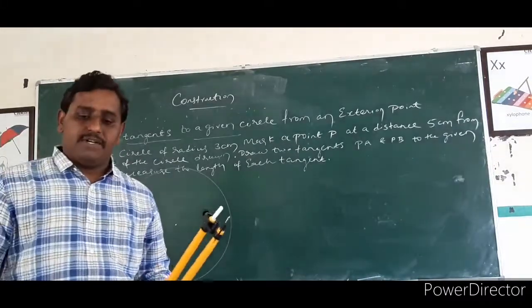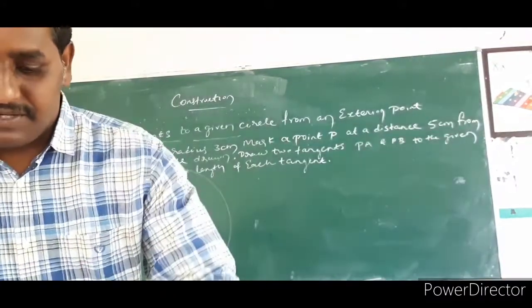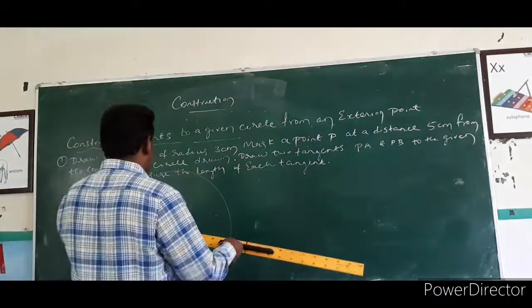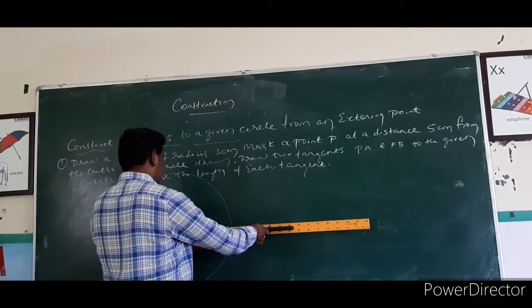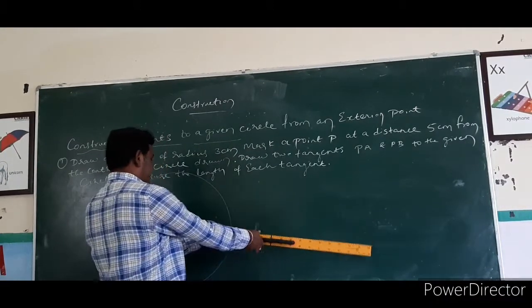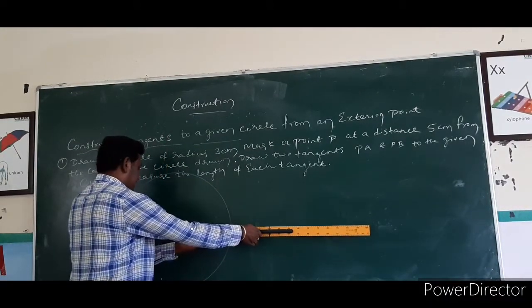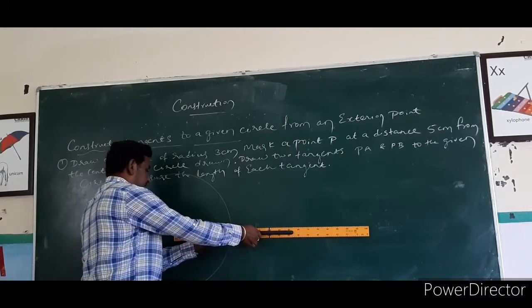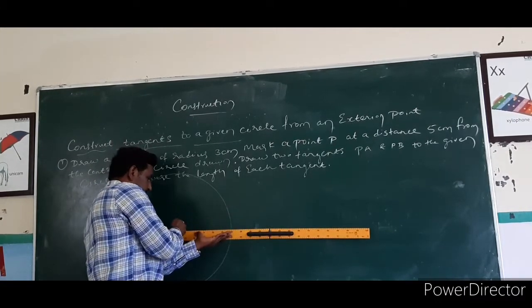I draw a circle first. What is the distance between these two? Center to circumference point, that is exactly 3 centimeter. You can check.